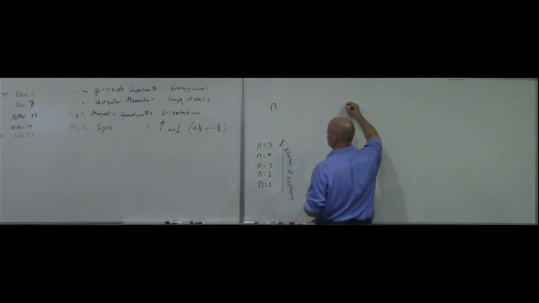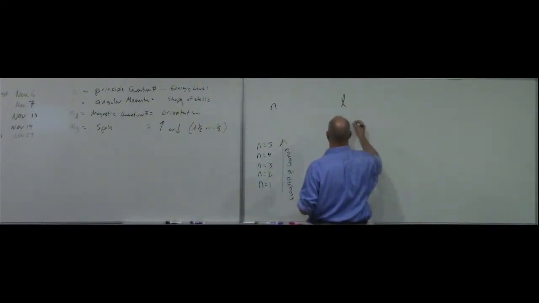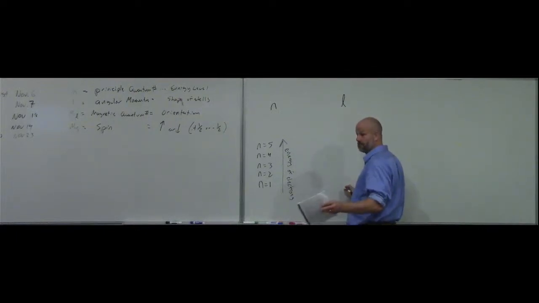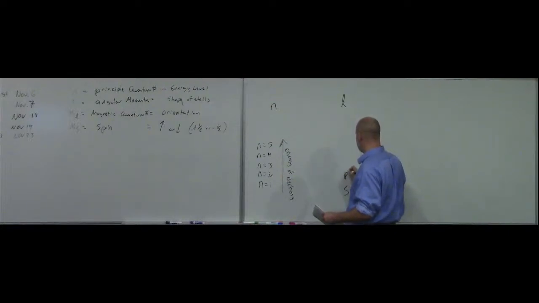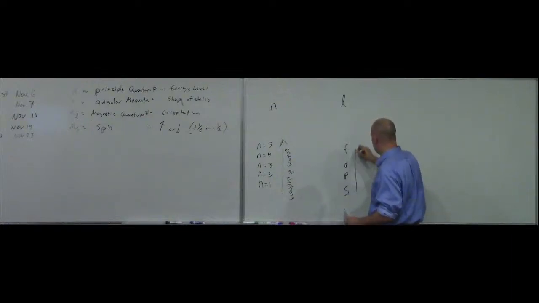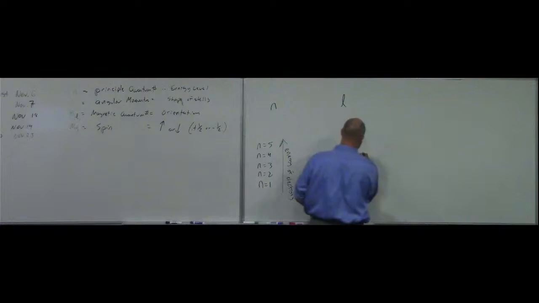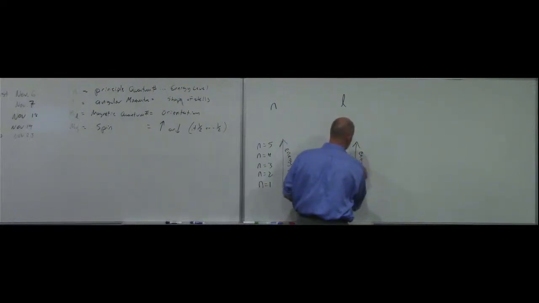Let's do our l numbers. The lowest energy is s, and the next is p, and the next is d, and the next is f. And again, this is the energy of electrons.